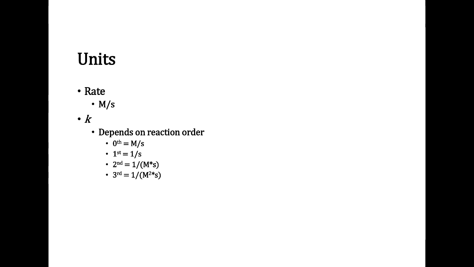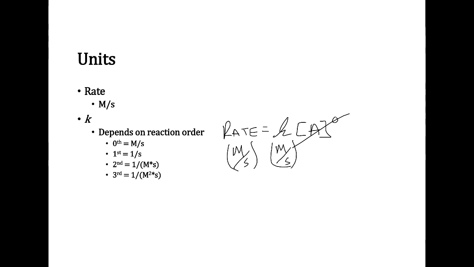So if you have a reaction that is 0th order, so if we have rate is equal to K times A to the 0th, well, this term really goes away. If this has units of molarity per second, that means K also has units of molarity per second. Well, what happens if you have a first order reaction?